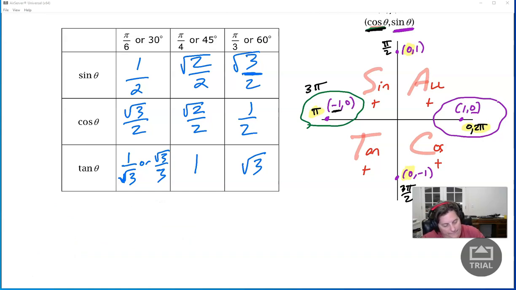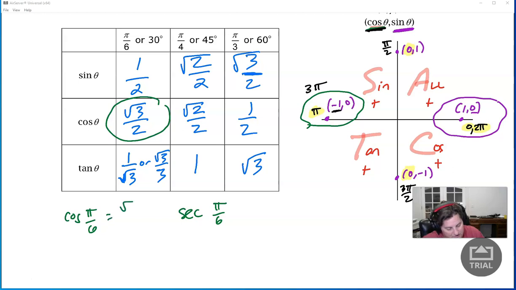All right. In order to find secant, first I'll do cosine. Cosine of pi over 6 is rad 3 over 2. So secant is 2 over rad 3. I'm just flipping it with the reciprocal. What was it? Oh, secant tangent. Tangent of pi over 6 is on my chart right here.